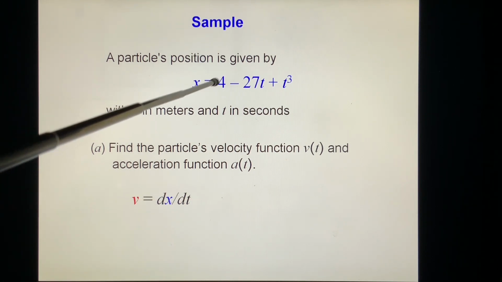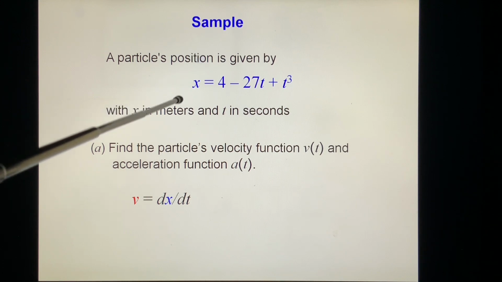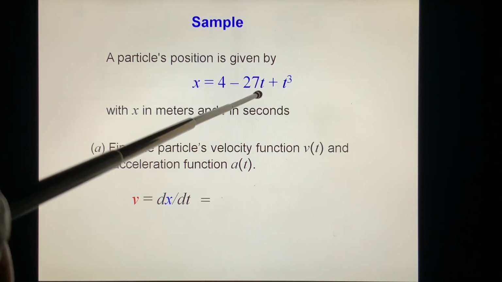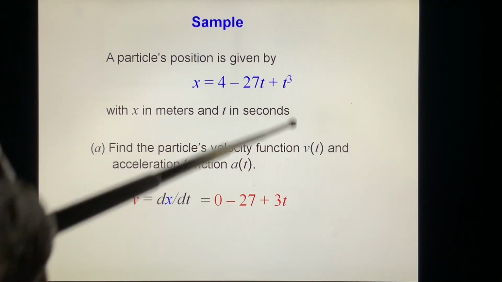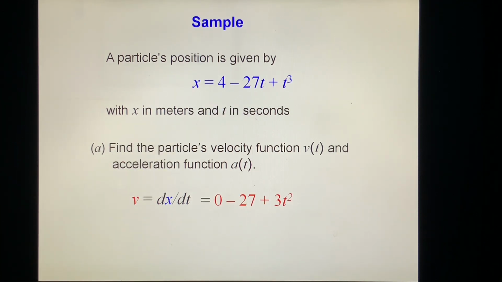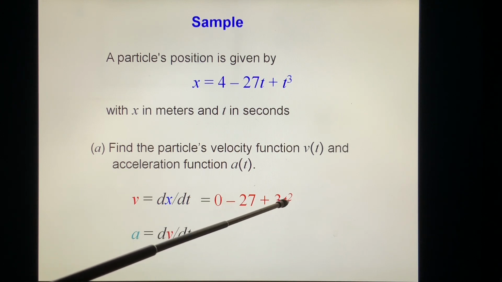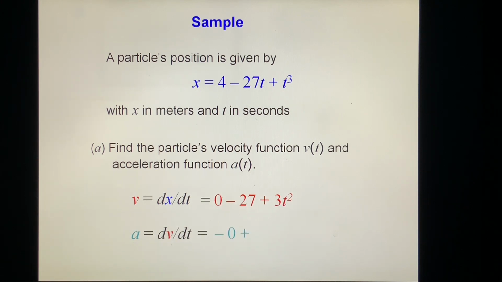We take the derivative of position with respect to time t. This is 0, this is minus 27, this is 3t squared. That's it. And acceleration is the derivative again. So this is 0, 0, this is 6t. Okay, we got v and a.